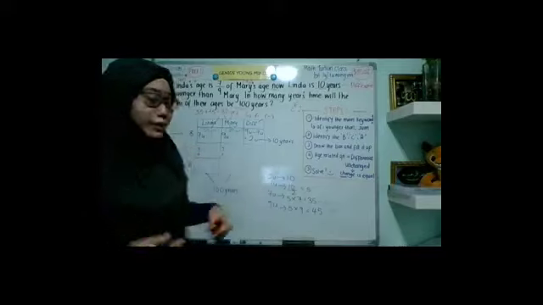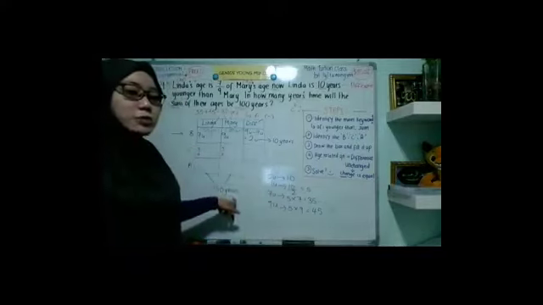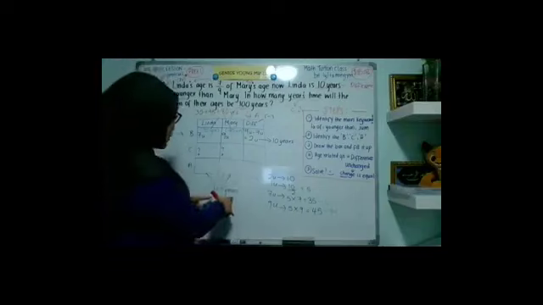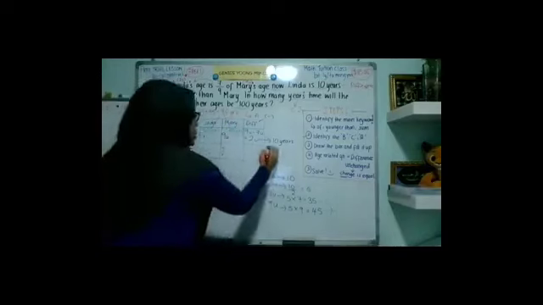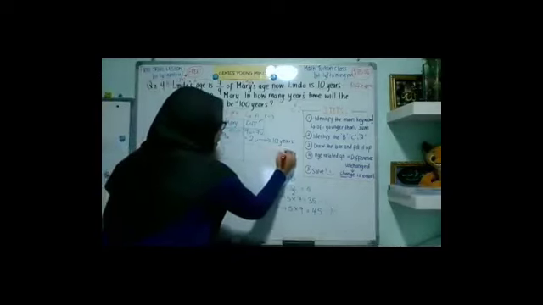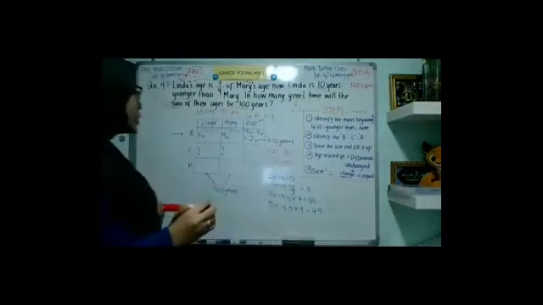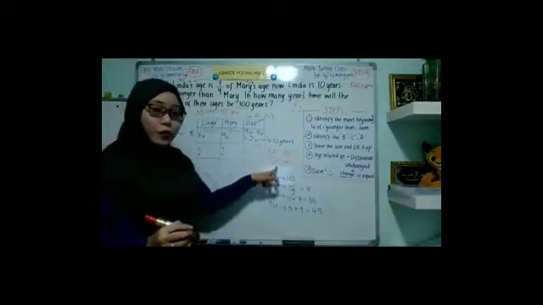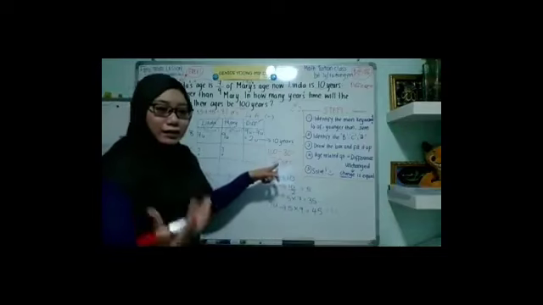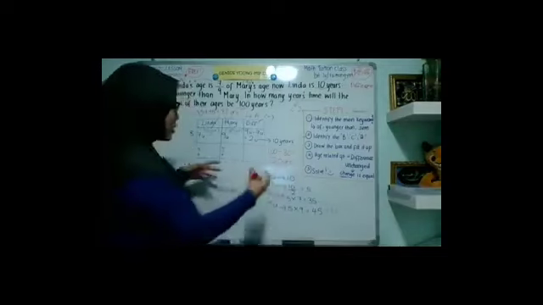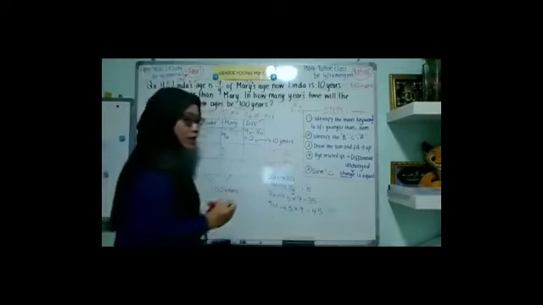Both of them added together. So I want to know in how many years' time the total age will be 100. I take 100 years minus their current total. So 100 minus 80, I get 20 years. Which means both of them will have to be added a certain number of years to get 100 years, and that is 20 years.